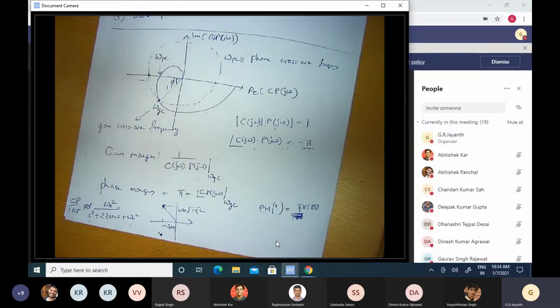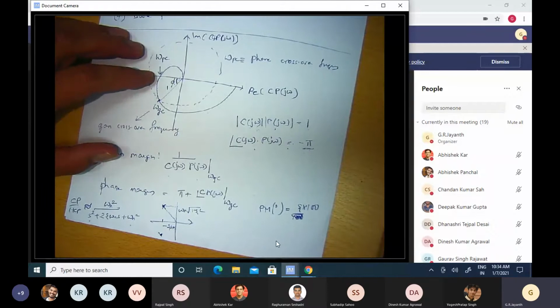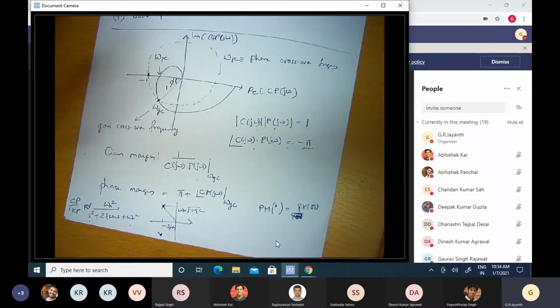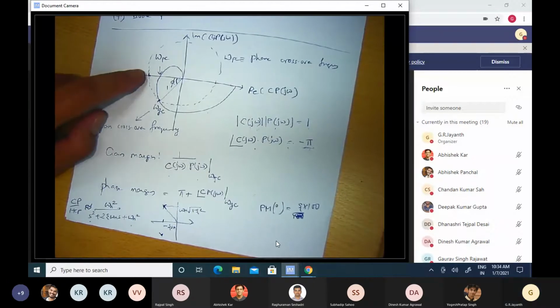If I want the system to exhibit a response which corresponds to a second order system of damping, let us say 0.2, then the phase margin that's necessary for that open loop system would be 20 degrees, and so on and so forth. Okay, so although I cannot tell where all the closed loop poles are, the two poles that matter a lot, the dominant poles, their information can be approximately obtained from the Nyquist plot.